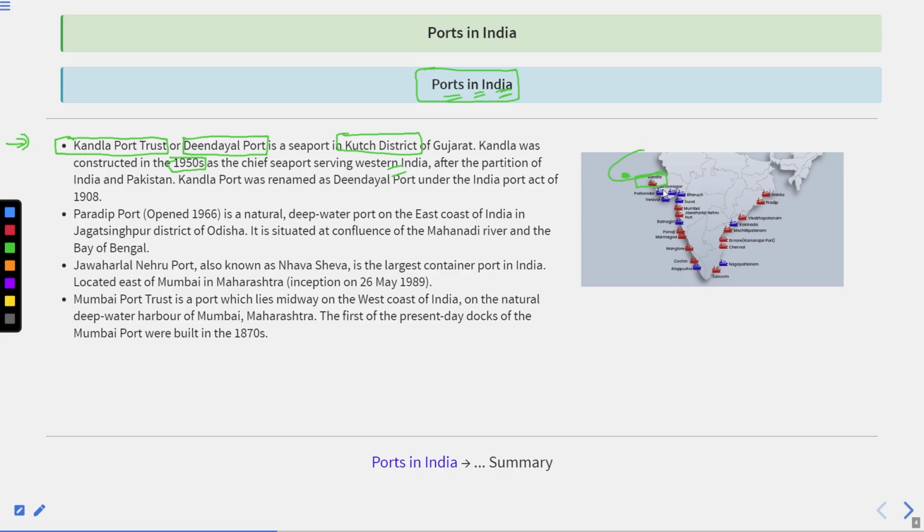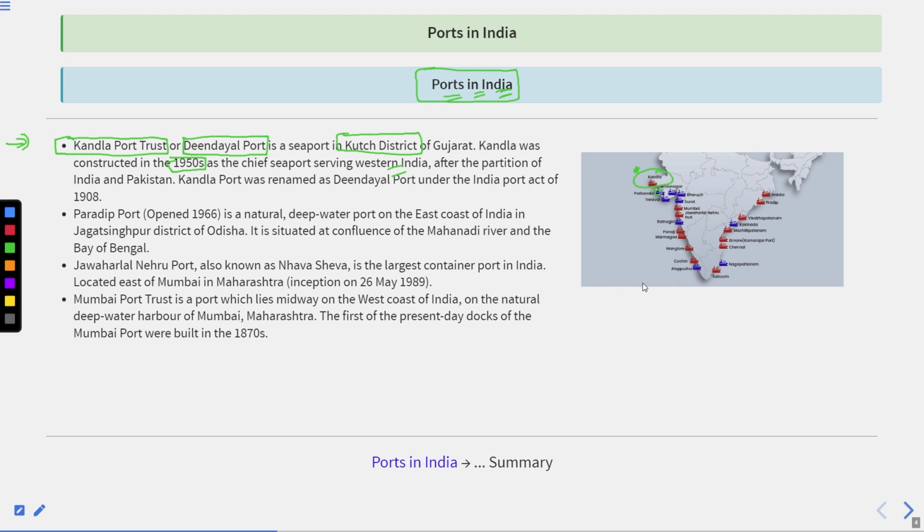When we got independent, during that time, this region of Western India was declared as a region of Pakistan. And the Karachi port, about which I just told you, was transferred to the newly constructed territory of Pakistan. Okay, then we required a new port that could be built to serve Western India.